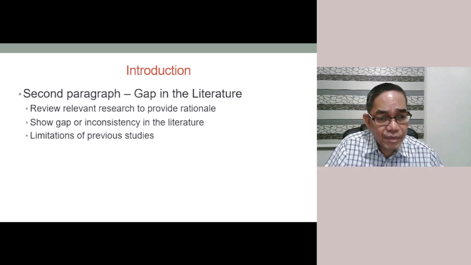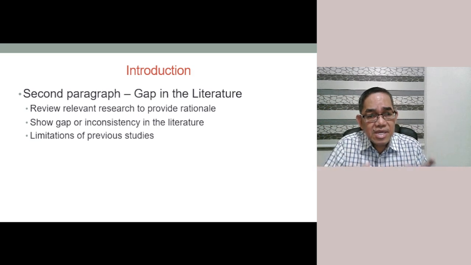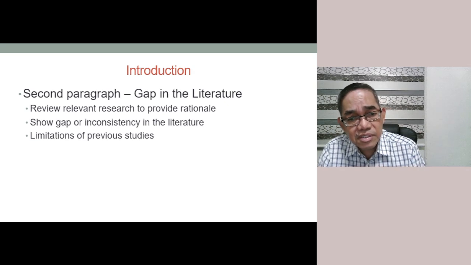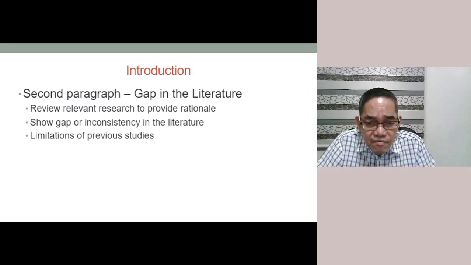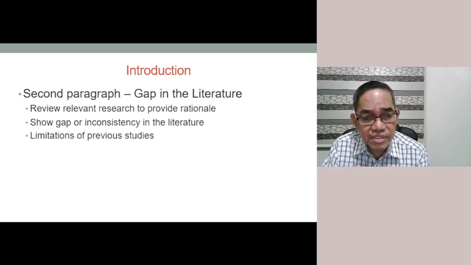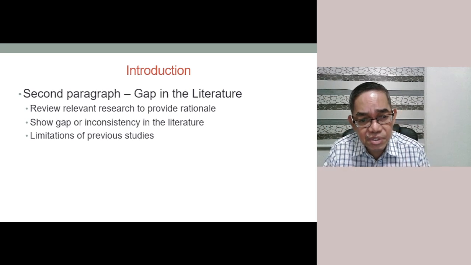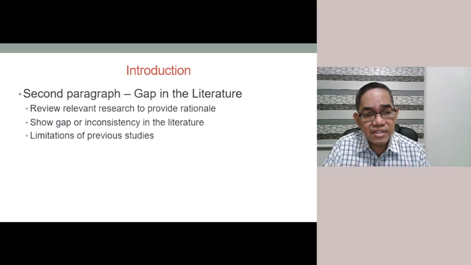We already know it. So there should be inconsistency in the literature. And this inconsistency in the literature will provide rationale for your study. Now, this is the reason why I'm making this research, because there are inconsistent findings in the literature.